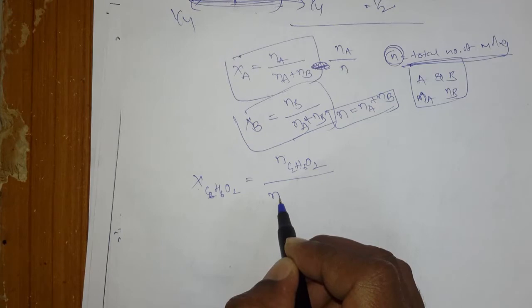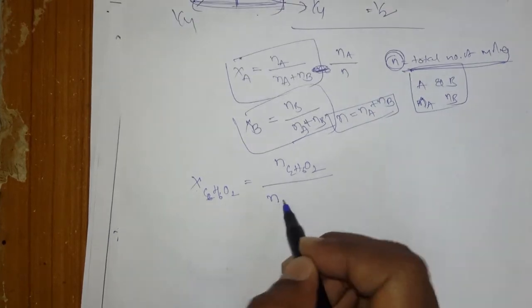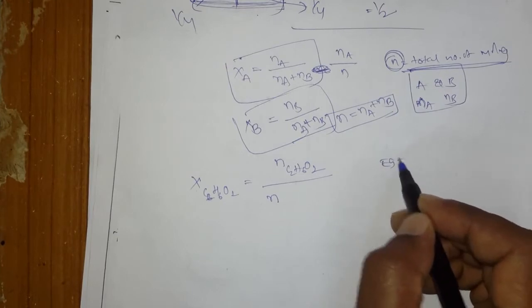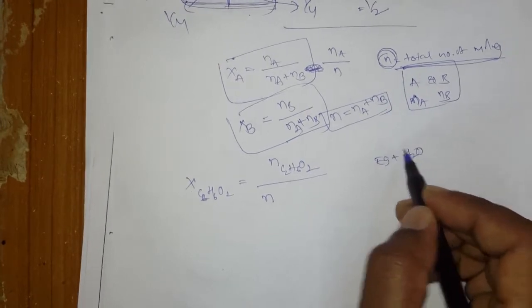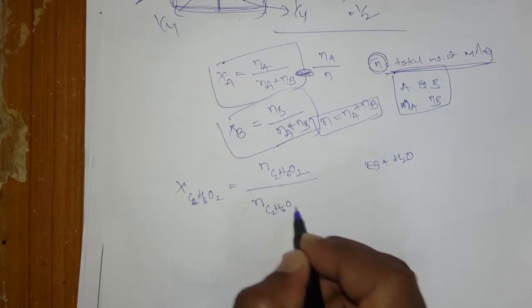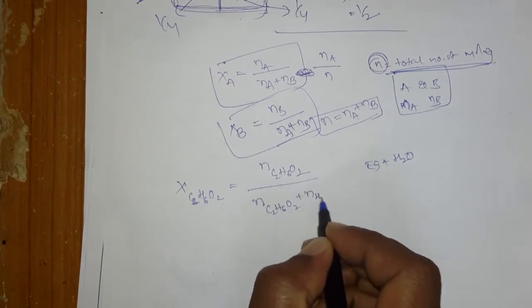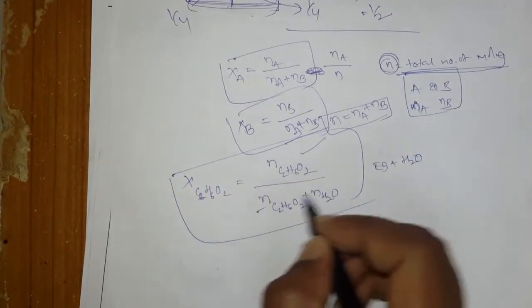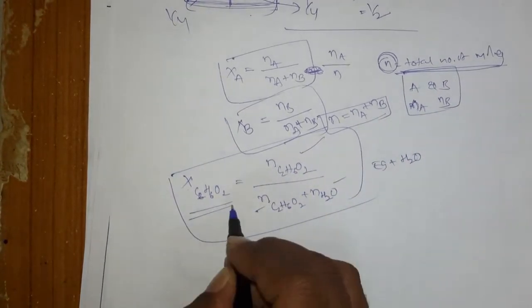Again there are two components, that is ethylene glycol plus water. So that means the number of moles of ethylene glycol plus the number of moles of water. If you have these numbers of moles, then you can easily find the mole fraction.